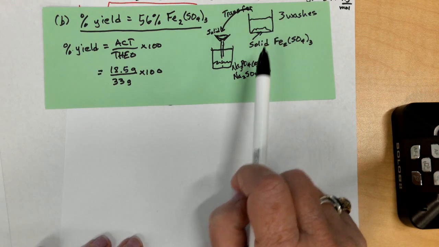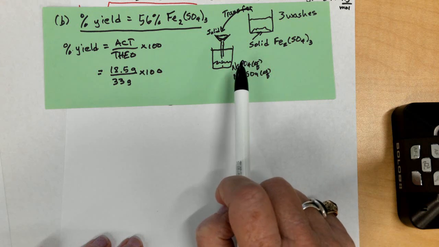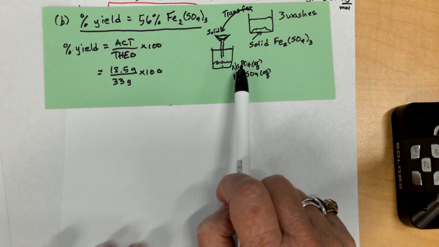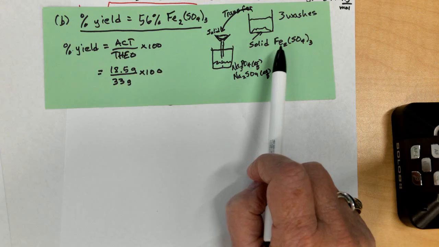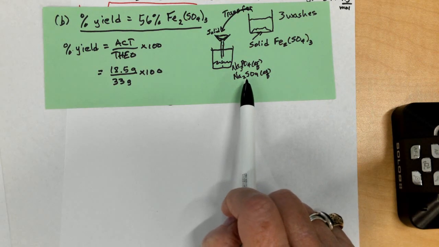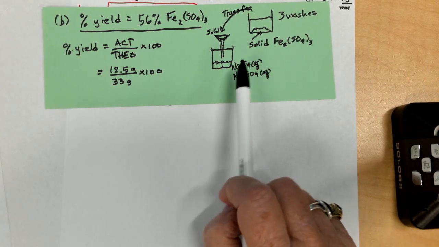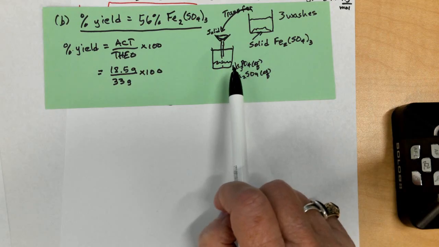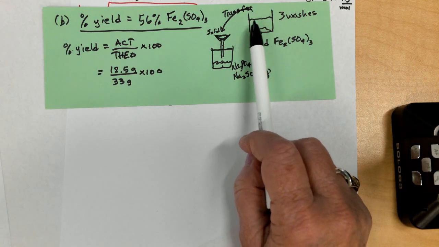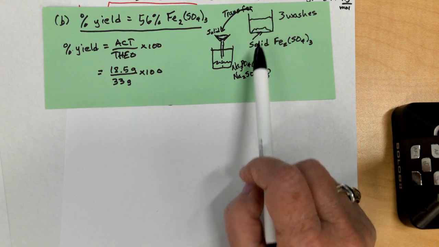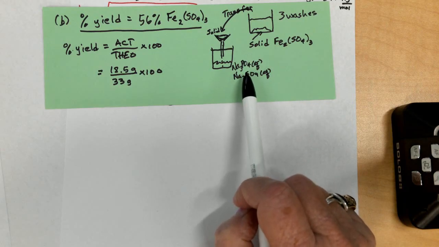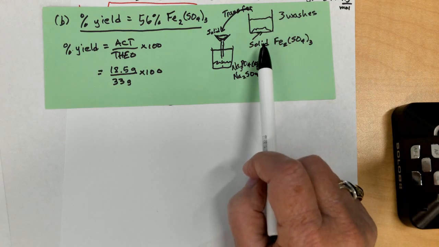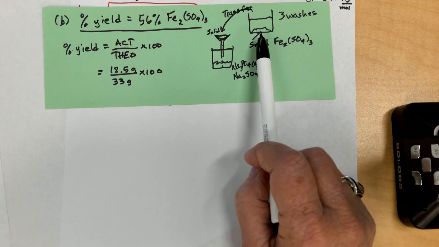You have sodium phosphate that you've made along with the solid, plus you had this in excess, so these two solutes are still dissolved in the water, so the solution part of this contained both of these solutes, but the solid is going to go to the bottom of the beaker.